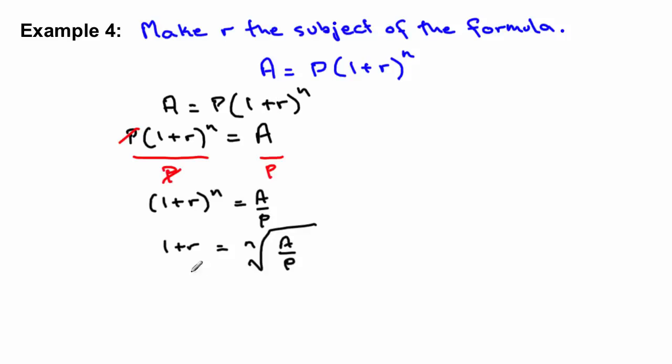We've only got to get rid of the 1, so we're going to subtract 1 from both sides, and we end up with our final expression or equation. r equals the nth root of A over P, and we subtract 1 from all of that. And so there's our final formula, with r now the subject of the formula.